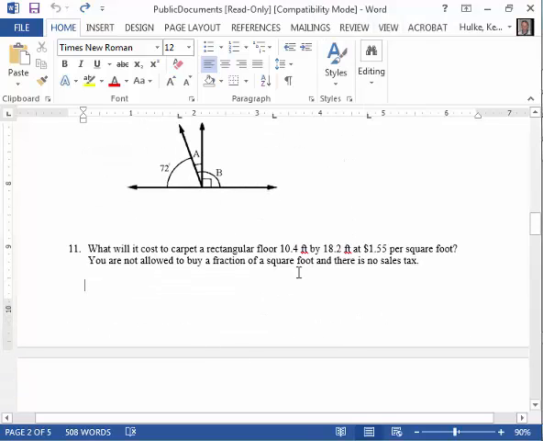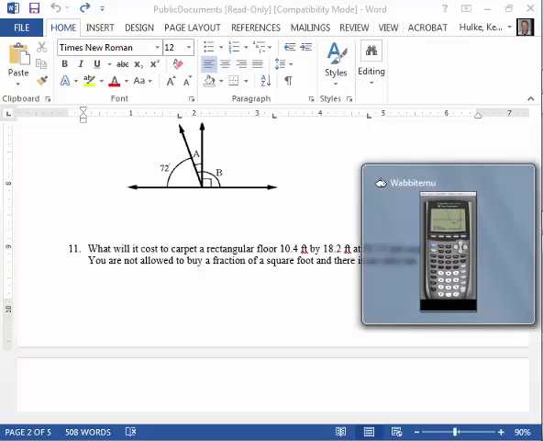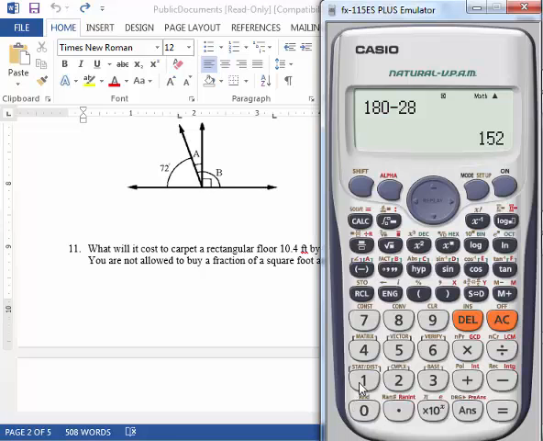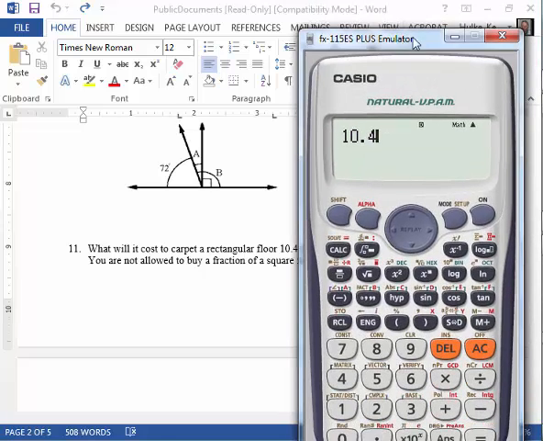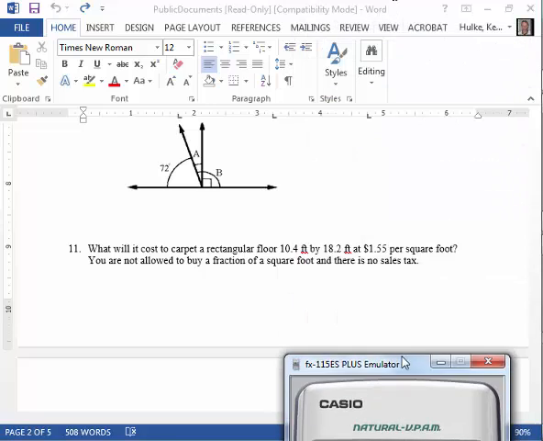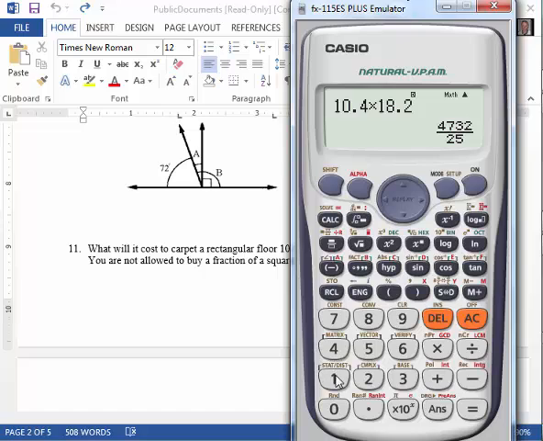What will be the cost to carpet a rectangular room 10.4 feet by 18.2 feet at $1.55 per square foot? So 10.4 times 18.2, and then at $1.55 per square foot, so times 1.55.